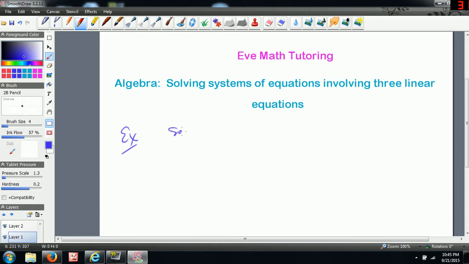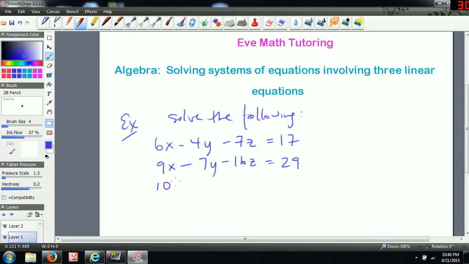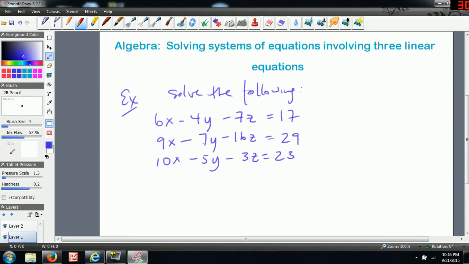Say you're asked to solve the following. So you've got three unknowns and three equations. I should say three variables and three equations. And they are unknowns because we're going to solve for x, y, and z.